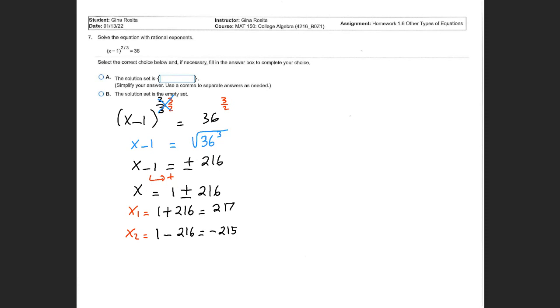Now we have to check. Check the first one, x equals 217. Plug into the original: 217 minus 1 to the 2 over 3 equals 36.